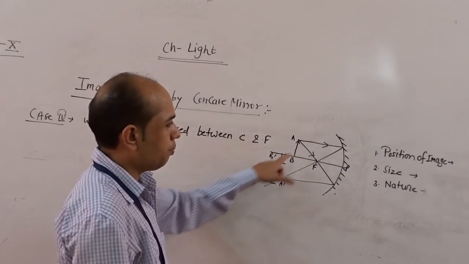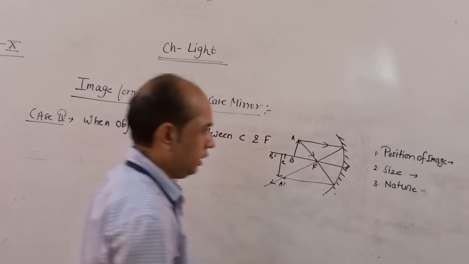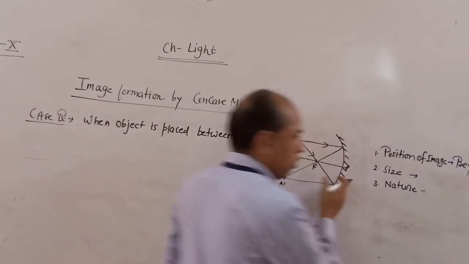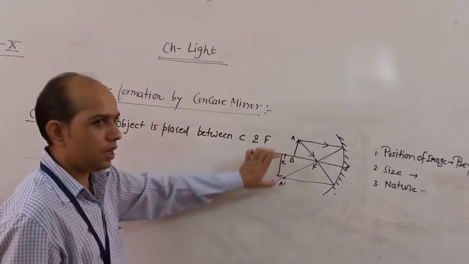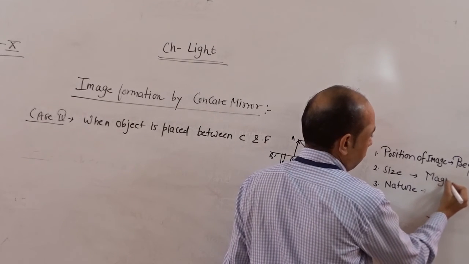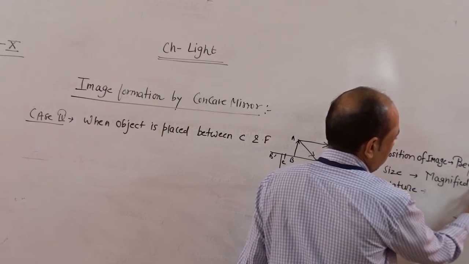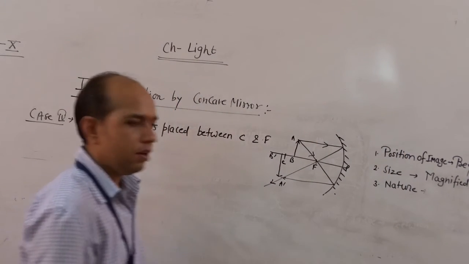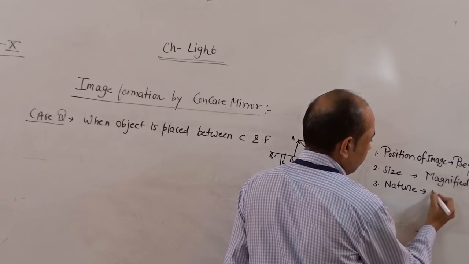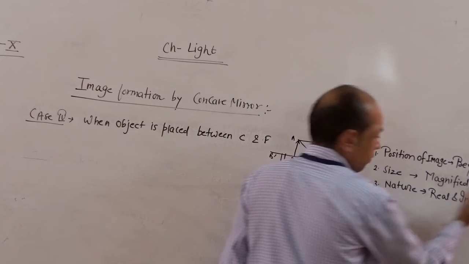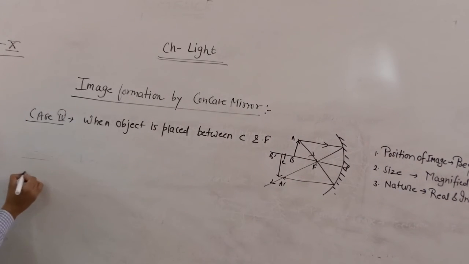So what we see here, position of image is beyond C. If we talk about size, when we compare object size and image size, the image size is here larger, that means magnified. And if we talk about the third one, nature, the nature is here, because of the same side, real and inverted.